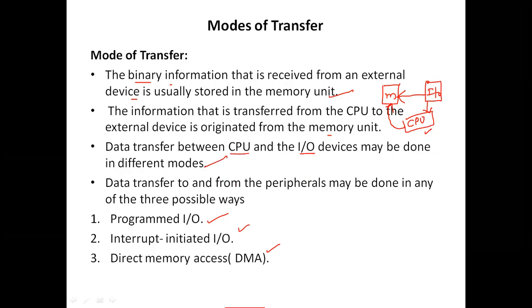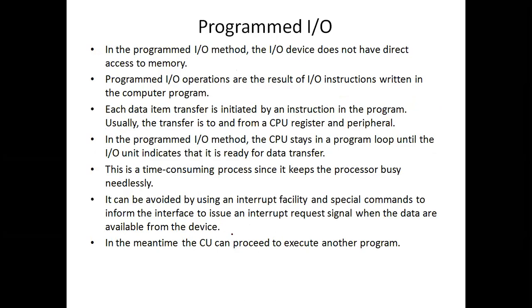What are the three possible modes? Programmed IO, interrupt-driven IO, and direct memory access. These are the three different modes of data transfer between the IO devices and the memory with the help of the CPU. First we'll see programmed IO.